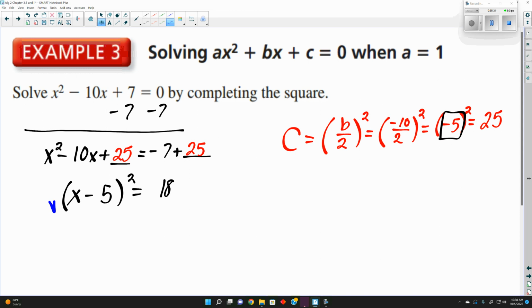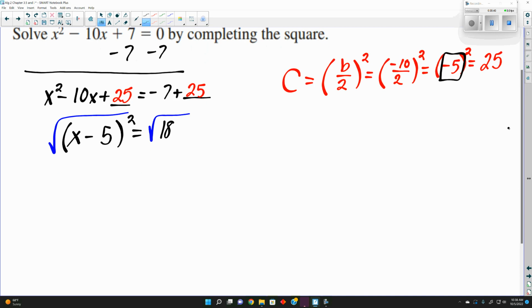Square root method is going to tell us that we're going to take the square root of both sides, which over here is going to tell us that we have x minus 5, because these two equals plus or minus. Now the square root of 18 is going to be 3 square root of 2. I got that so quickly because we actually took the square root of 18 earlier today.